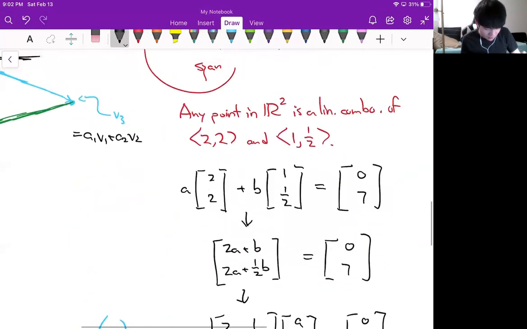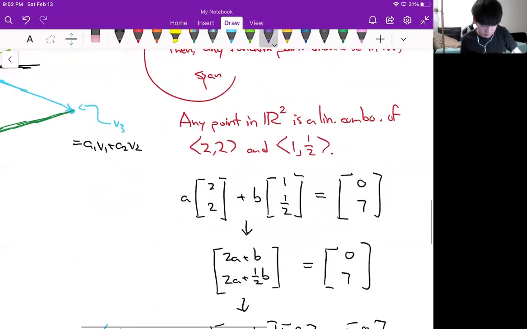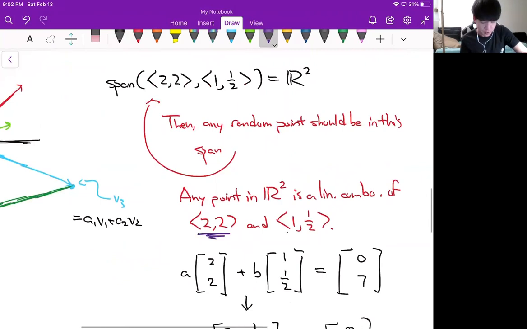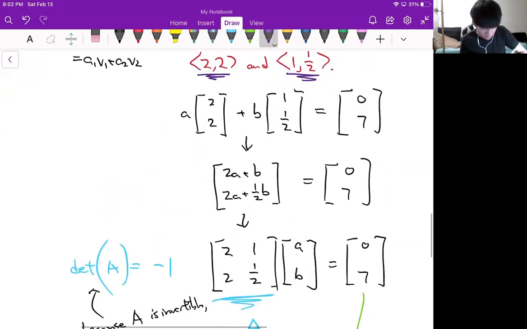Okay, well, this is something important to observe. Notice this construction, right? We started with the vectors (2, 2) and (1, 1/2), and they ended up going in as columns like this. So if you want to check, here's a really easy way to check if your set spans an entire space.